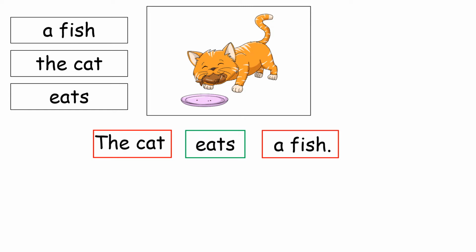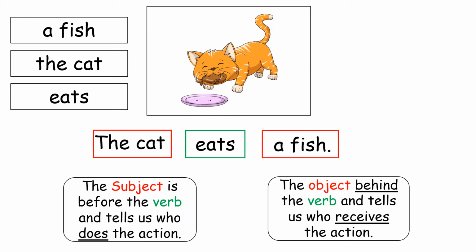The cat is the subject, and it eats a fish. So the subject is before the verb and tells us who does the action, whereas the object is the fish, it tells us who or what receives the action. So the subject does the action and the object receives the action.